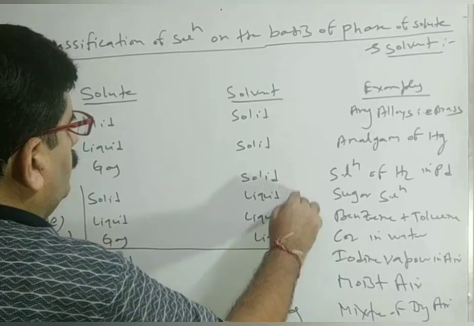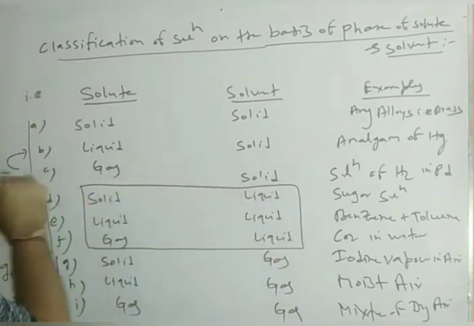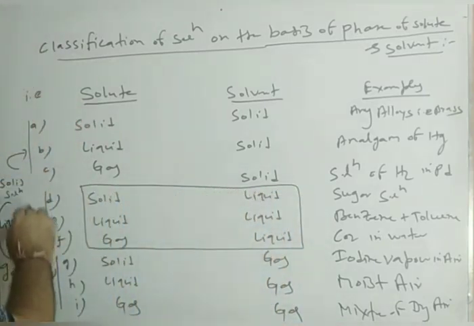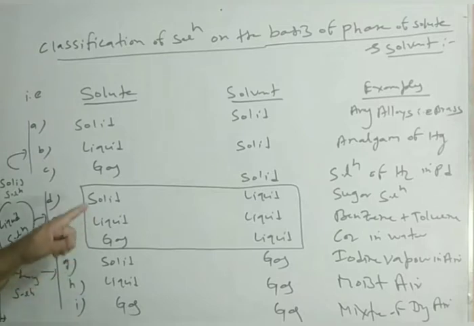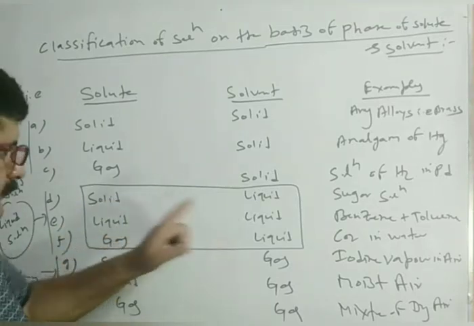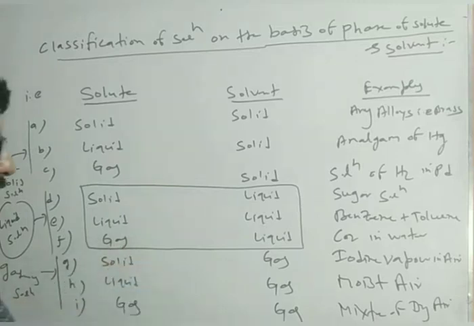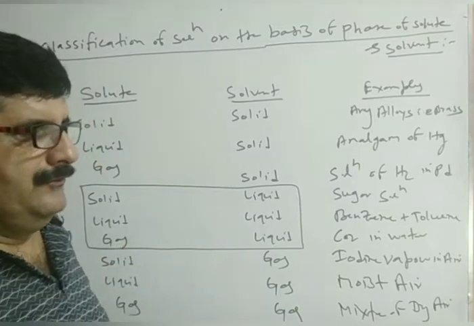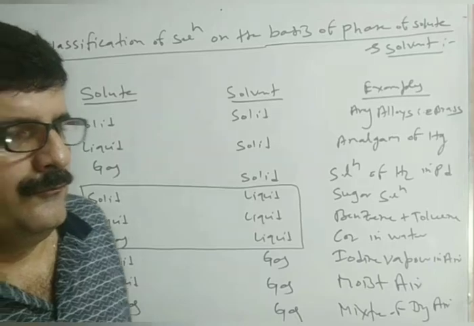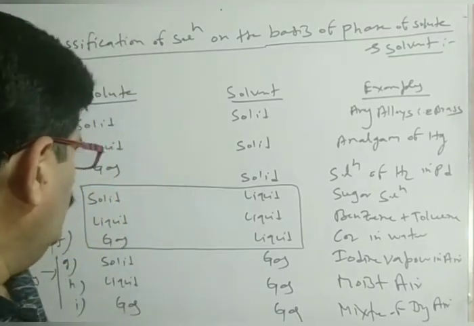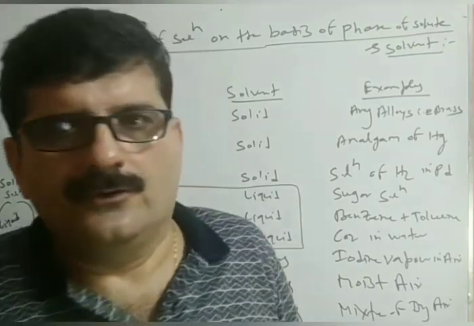So in all 9 types of solution, we will revise only liquid pattern of solution, that is solid plus liquid, second one liquid plus liquid, third one gas plus liquid. So such pattern of solution, first we revise solid plus liquid solution.